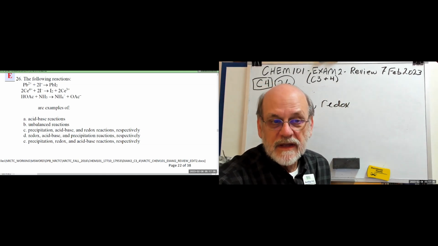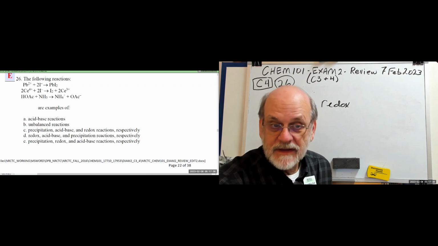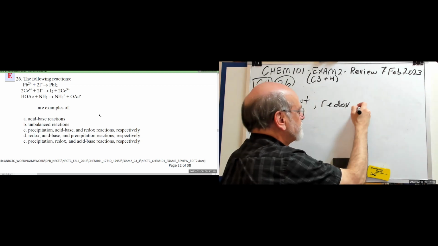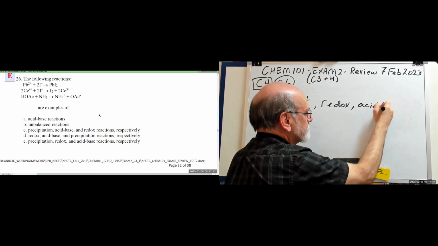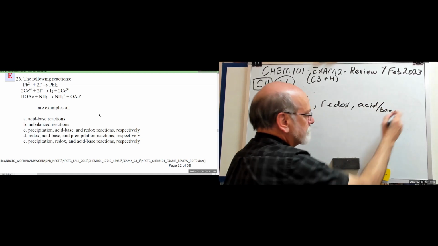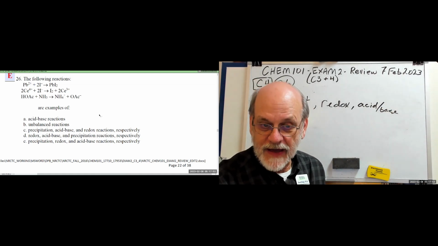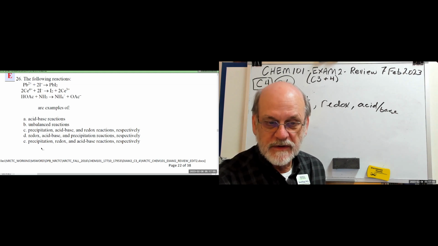This one is an acid, and that's a base. This is an acid-base reaction. Okay, which one fits that? E satisfies that description. Each one respectively, precipitation, redox, acid-base reactions. Okay.